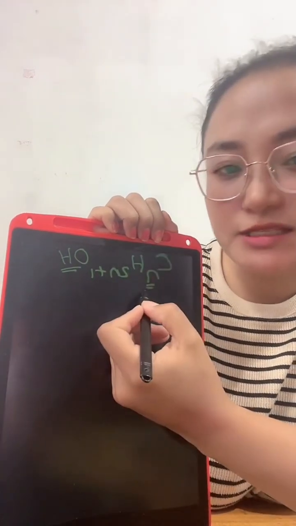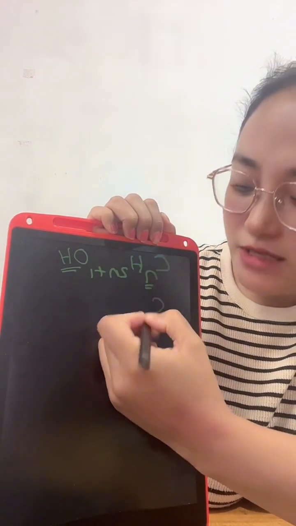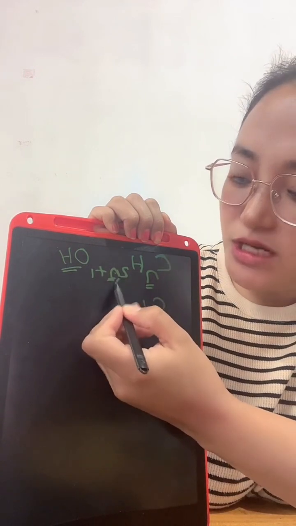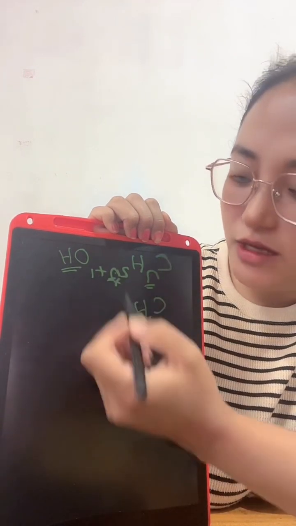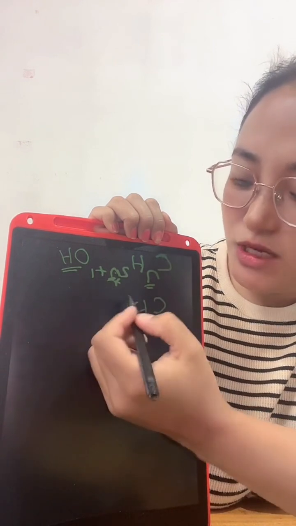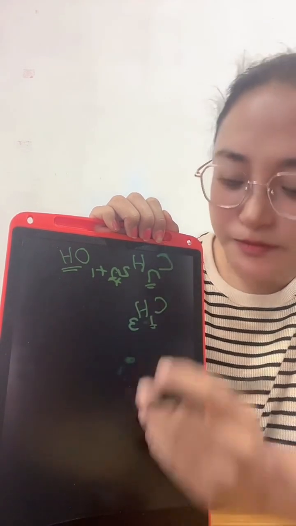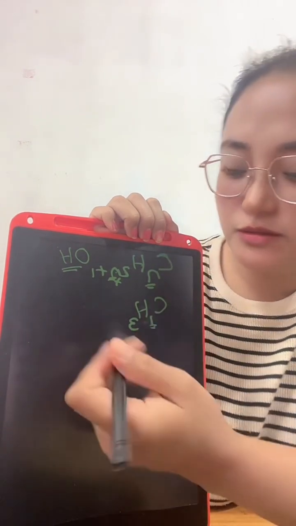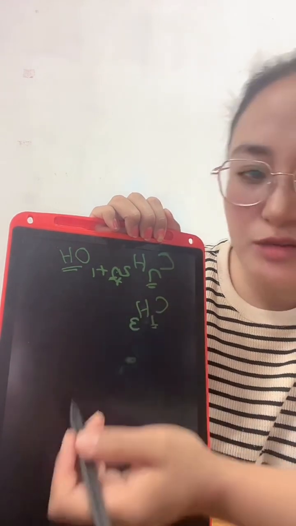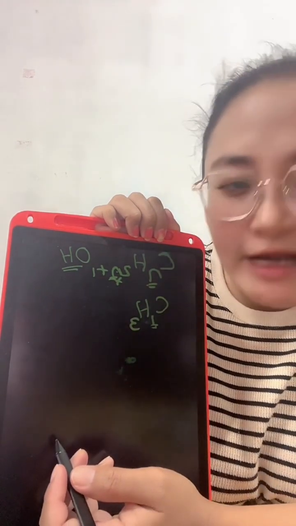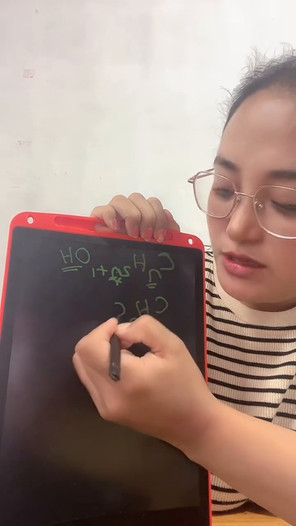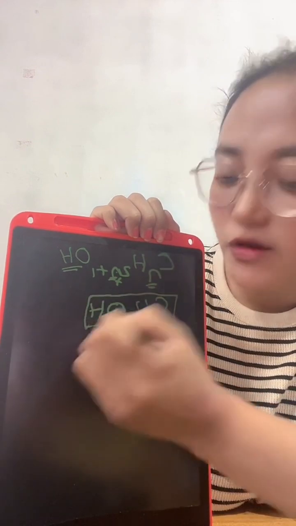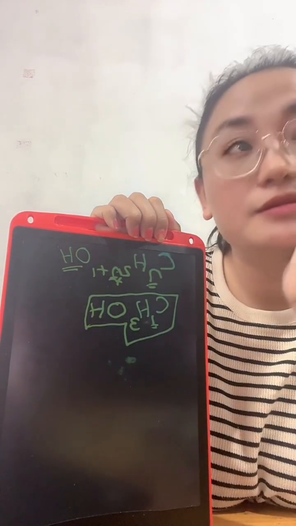Now you can start with n equals 1. C1, hydrogen is 2n plus 1, and 2 times 1 is 2, plus 1, so CH3. So this is just the alkyl family. For alcohol, you have to attach OH, and this is the first member of the alcohol family.